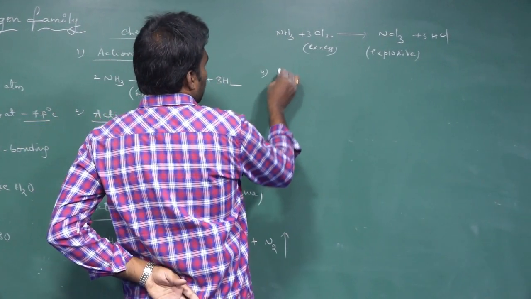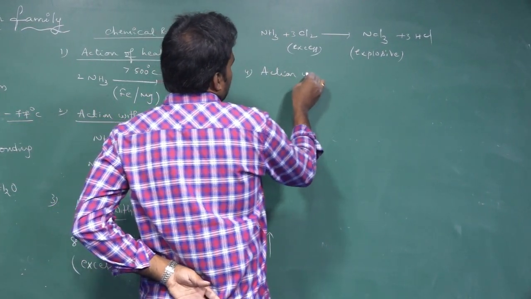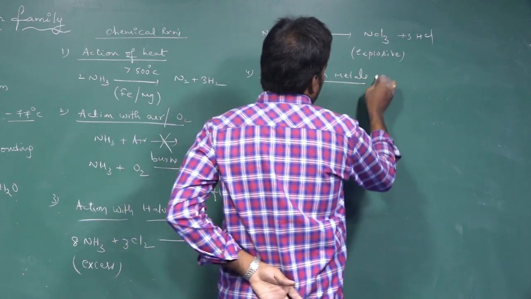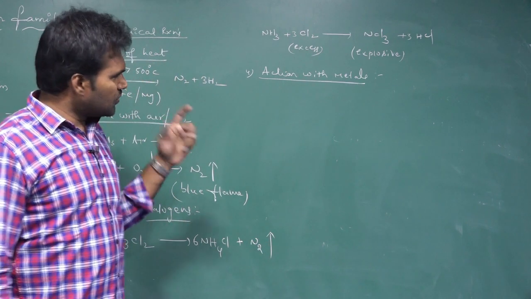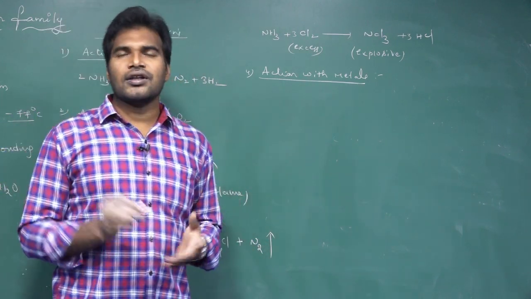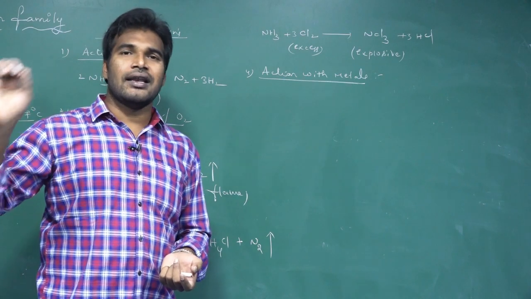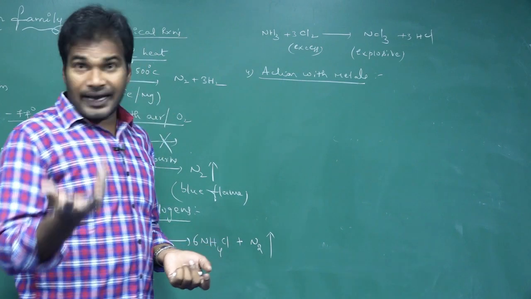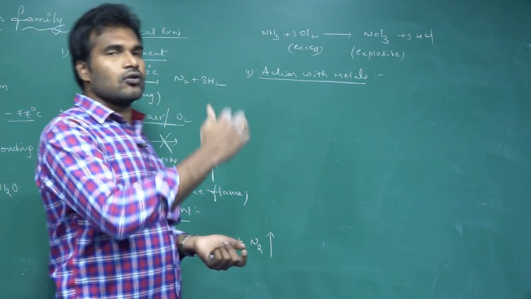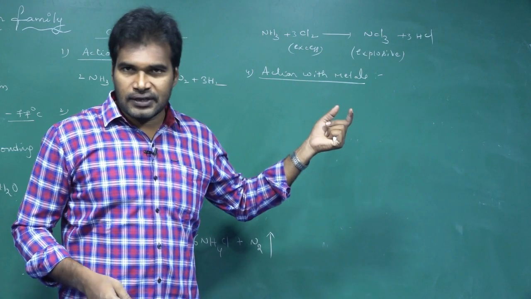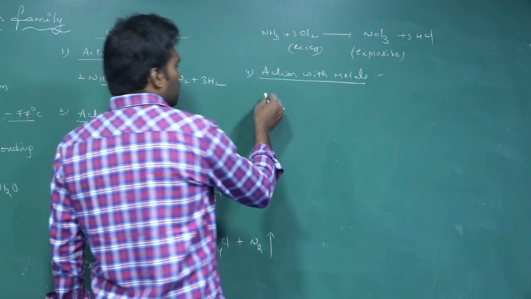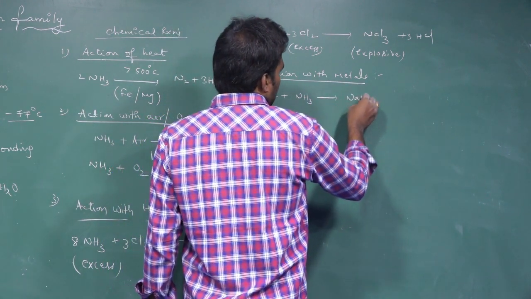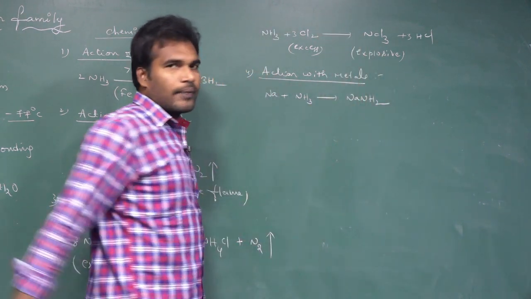Next one, fourth reaction. Reaction with metals. How does it react with metals? Generally, ammonia can react with only highly electropositive metals like sodium, calcium, magnesium. Suppose you take sodium, when sodium reacts with ammonia, we get sodamide.